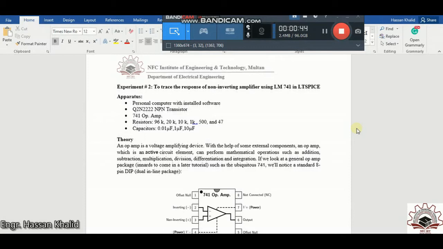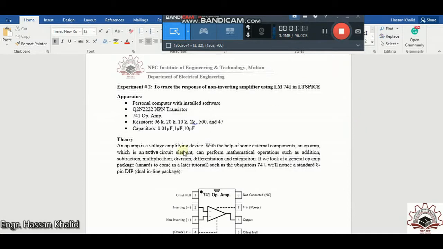So today we are going to perform all the steps that we performed in lab 1 using the built-in IC, that is the LM741. In LTSPICE we have the generic form of the universal operational amplifier, which can be modified for the inverting as well as the non-inverting amplification process.